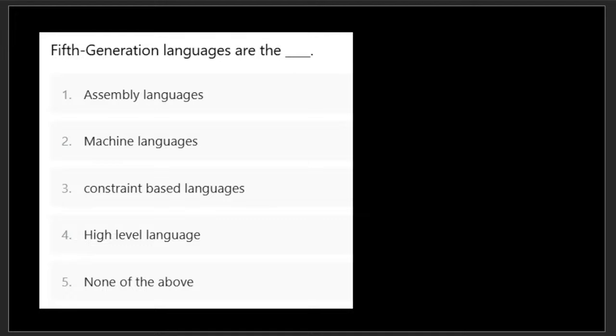Okay, so let's discuss this. See, programming languages are classified in a variety of ways, and generation is one of them, right? Generations are further classified as first generation, second generation, third generation, fourth generation, and fifth generation. And fifth generation languages apply to logic and constraint based languages like Prolog. Okay, and assembly language comes in second generation.